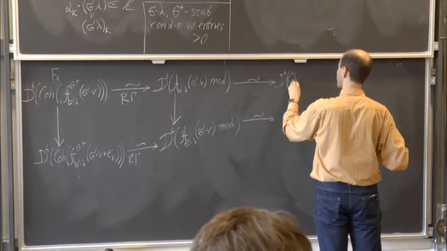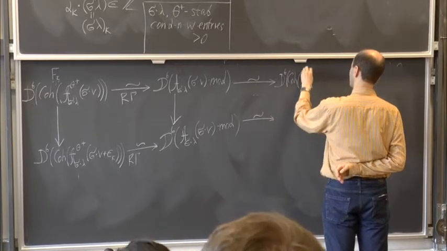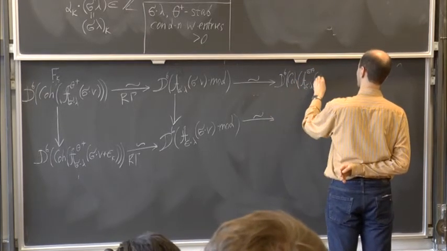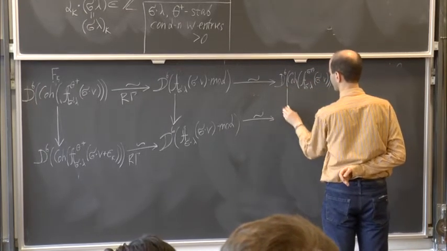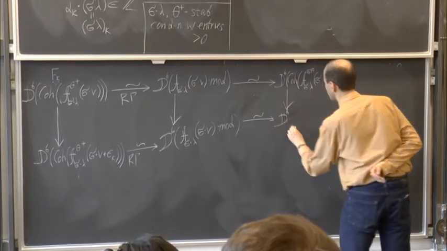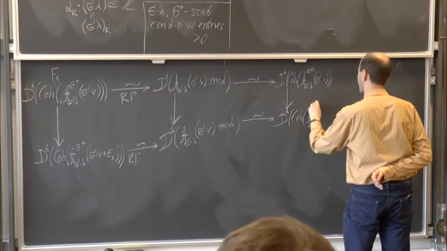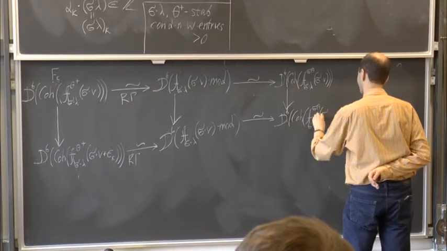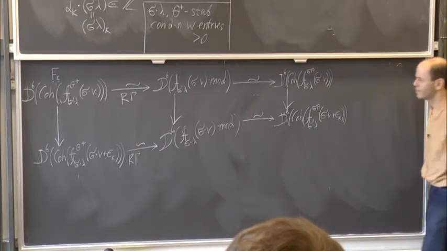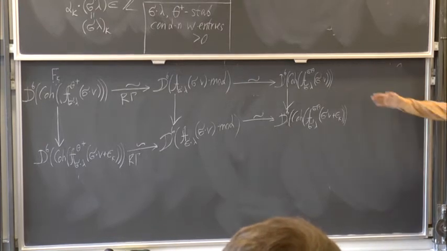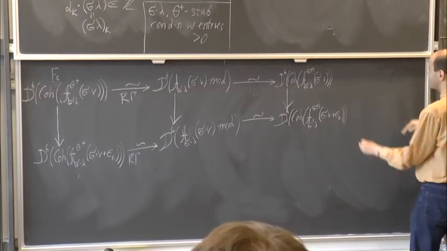Okay, so I have a functor between D^b Coh A sigma dot lambda, sigma theta, sigma dot v.